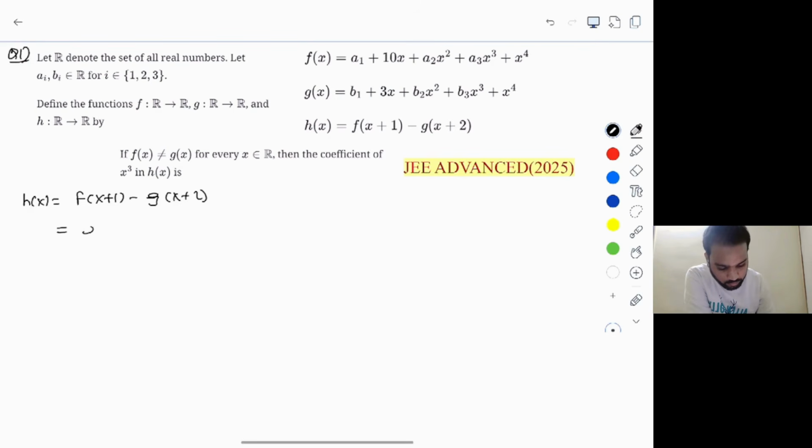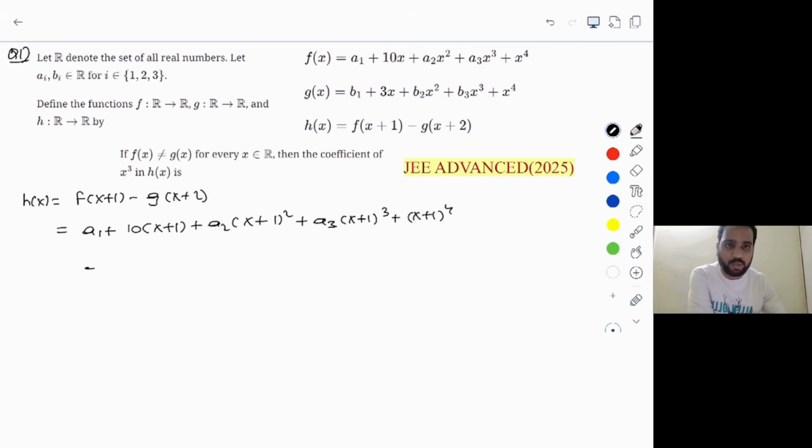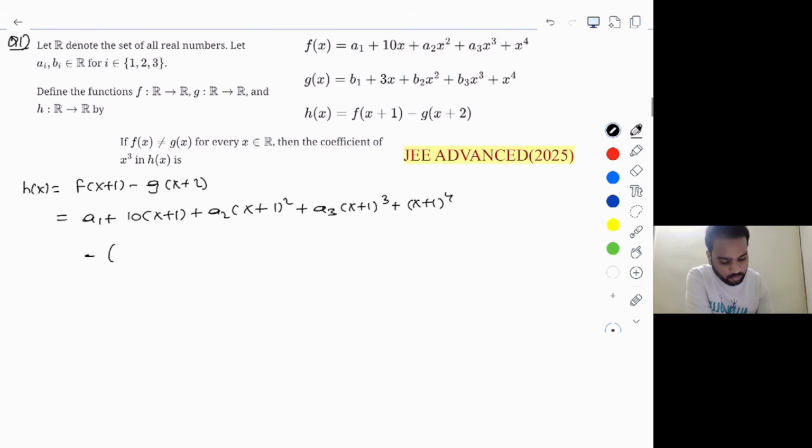So f of x plus 1 is nothing but a1 plus 10 times of x plus 1, plus a2 times of x plus 1 whole square, plus a3 times of x plus 1 whole cube, plus x plus 1 to the power of 4. And then minus of g of x plus 2 is also there. So let's write down function g of x plus 2 here. What will be g of x plus 2?